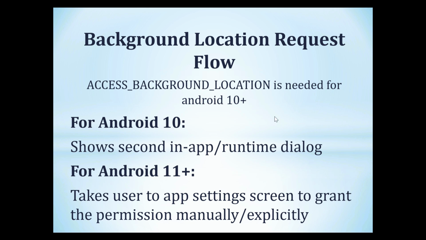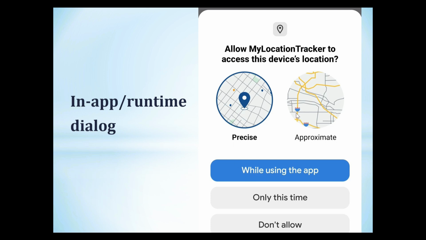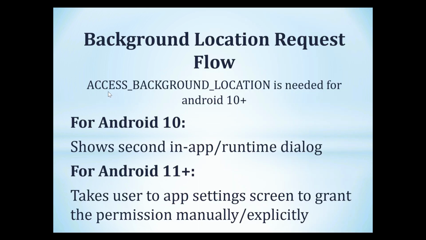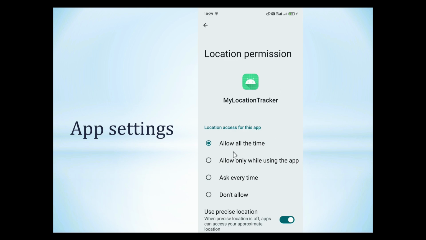So this permission will show a second in-app runtime dialog for Android 10. So after this dialog, you will see another dialog for Android 10 if you have declared this permission in the manifest file. And for Android 11 and higher versions, access background location permission will take you to the app setting screen, to this screen, and here you will explicitly grant the location permission.